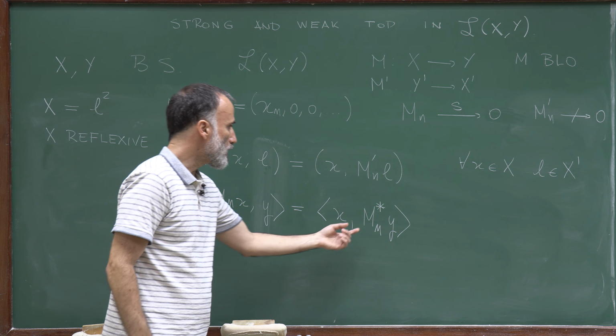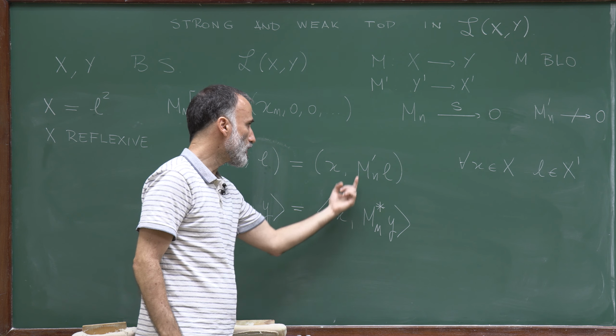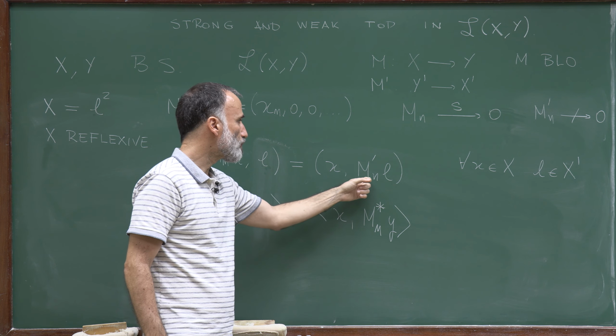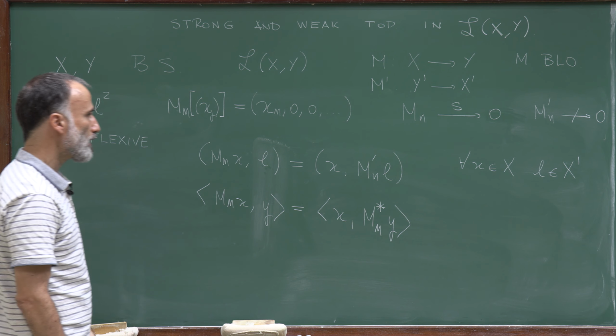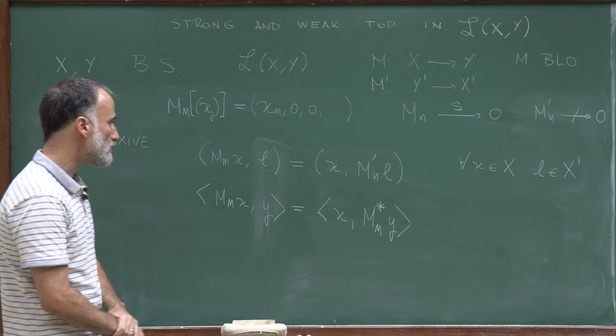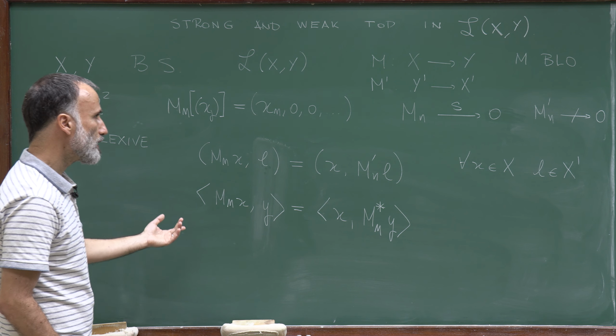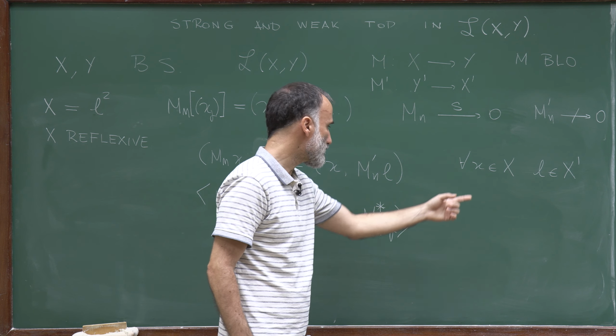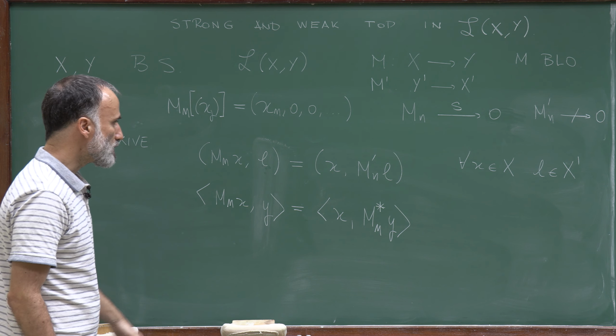So this is the way in which we define the adjoint. So in the Hilbert space, the transpose becomes the adjoint, and the definition of the adjoint is given by this formula.